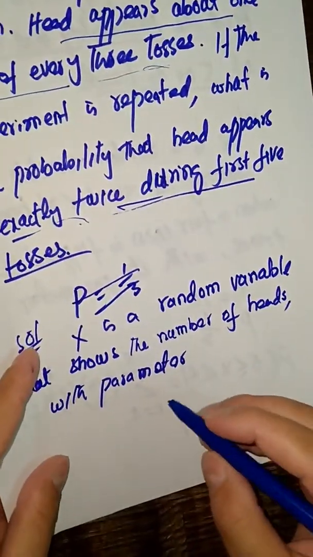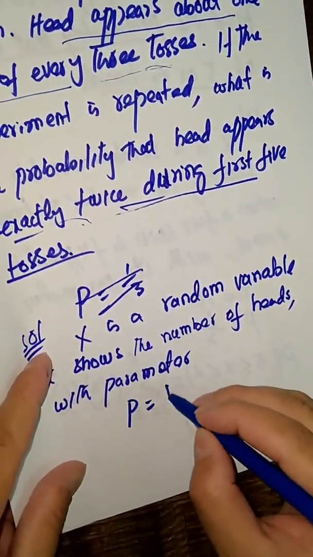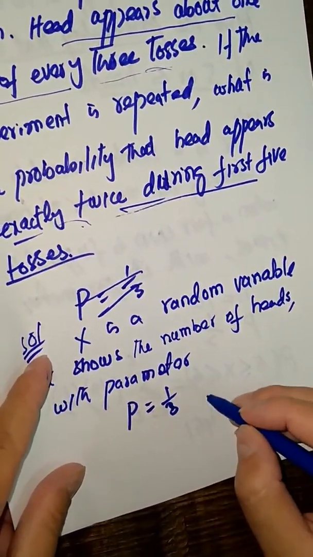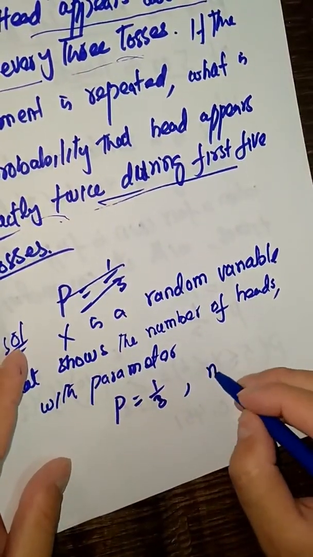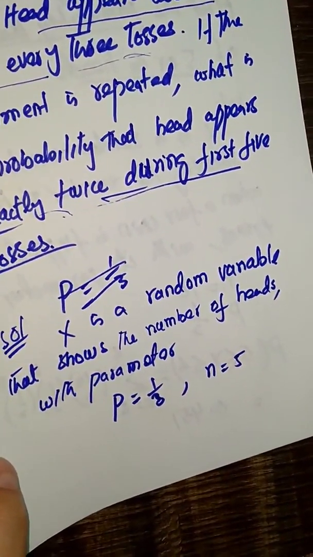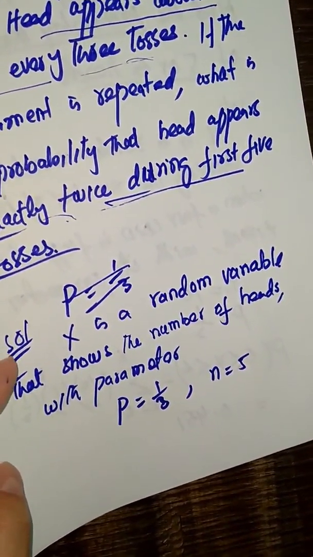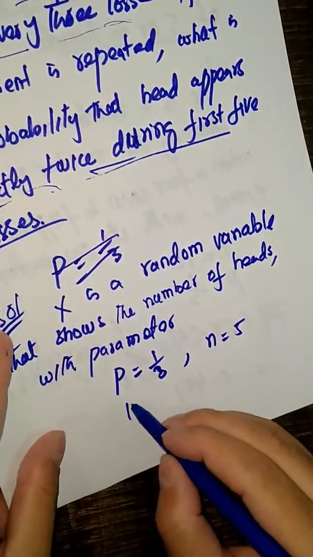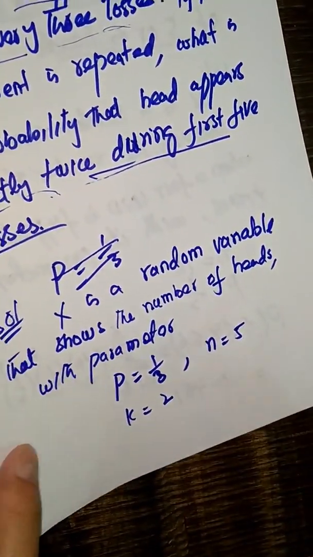The parameters are probability is equal to 1/3. So the number of tosses n is equal to 5, and the head should appear exactly twice, so k would be equal to 2.